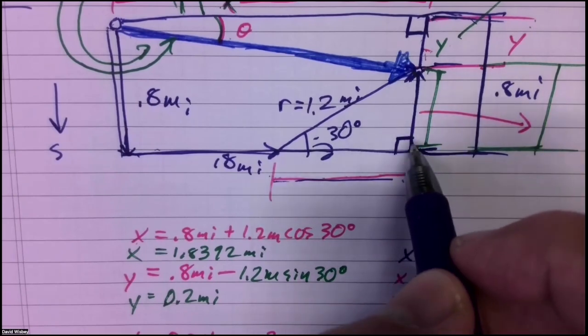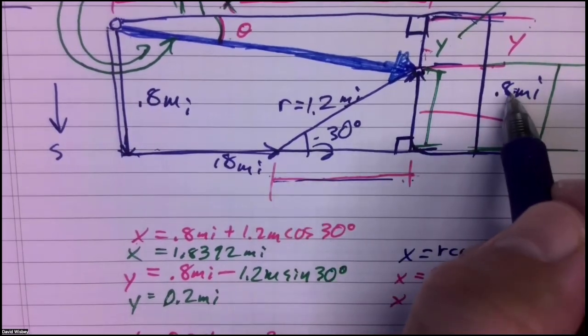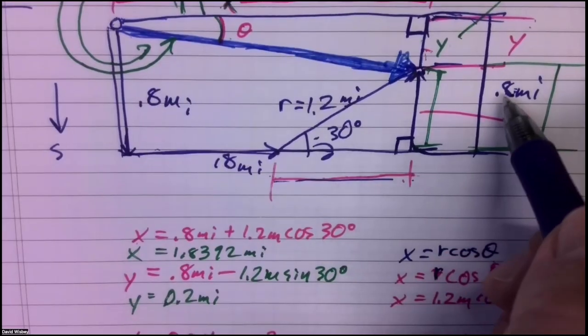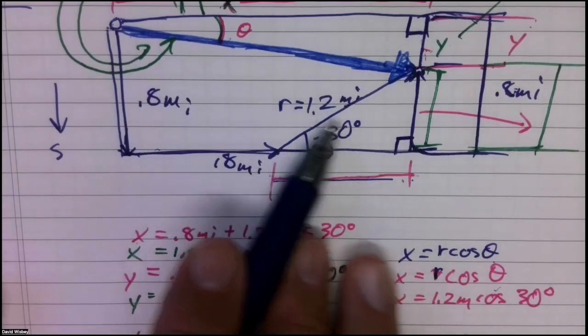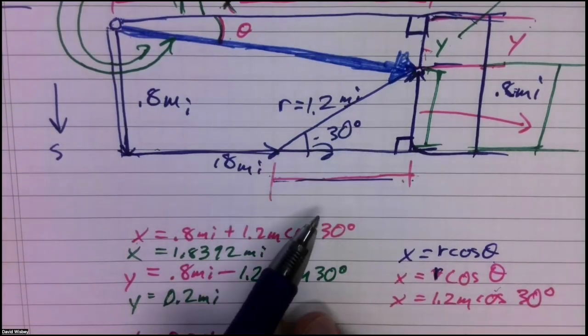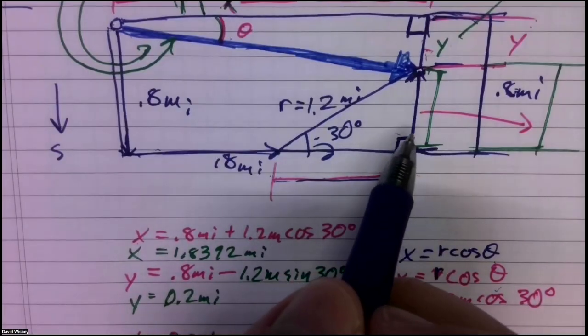So we need to figure out how far she went north and then subtract it from the total distance. The key with this problem is we have to read it and draw this picture. If you don't draw this picture, it's basically impossible. I have to draw a picture, otherwise I can't do this.